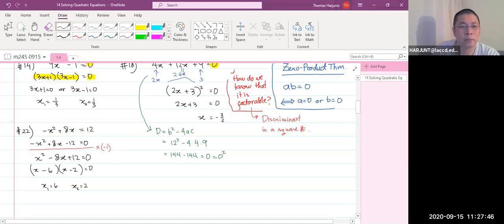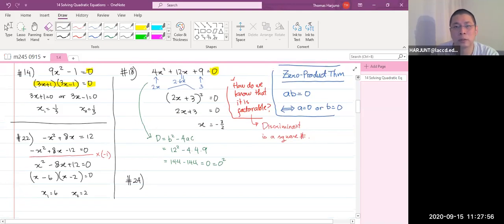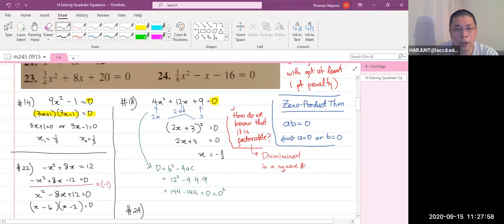Okay. Last example. Number 24. This number 24, we have 1/8 x squared minus x minus 16 equals 0.